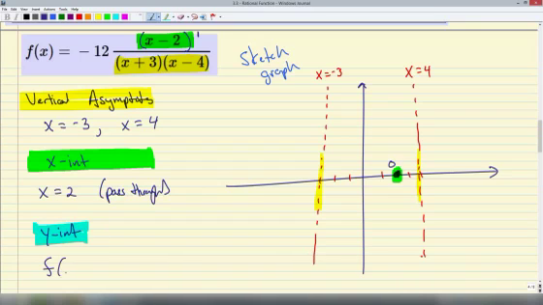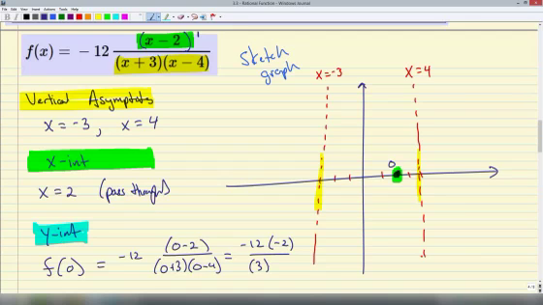So for the y-intercept, you find f of 0, which is negative 12 times 0 minus 2 divided by 0 plus 3 and 0 minus 4. So that's negative 12 times negative 2 divided by 3 times negative 4. Zip, zip, negative 2. Is that cool? So 0, negative 2 is our y-intercept.